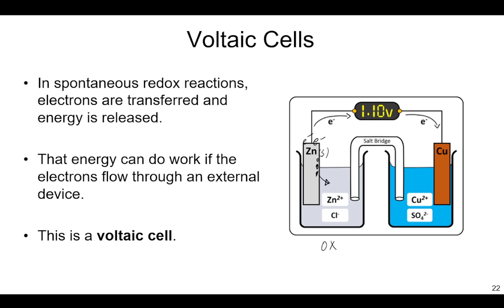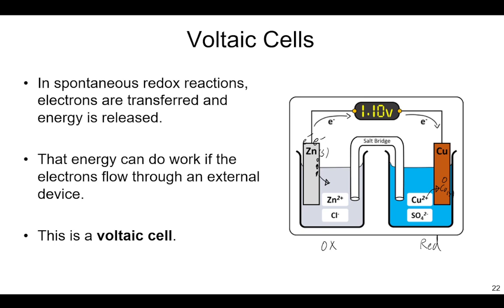That's oxidation. And meanwhile, over here, the spontaneous process is that copper 2 plus in the solution ends up just hopping onto the copper rod and becoming solid copper. And this is a reduction, 2 plus to an oxidation state of 0. So this is a reduction reaction happening over here.